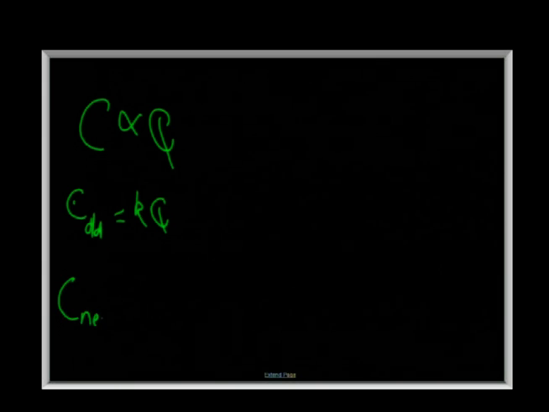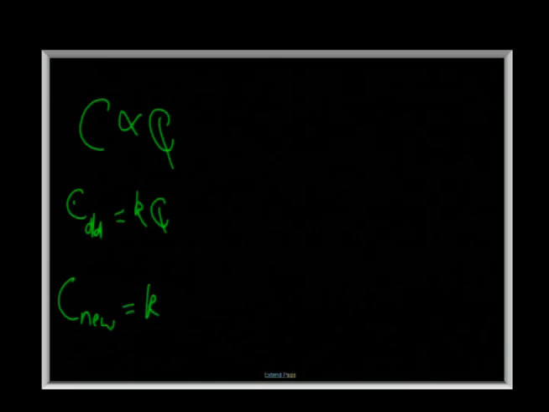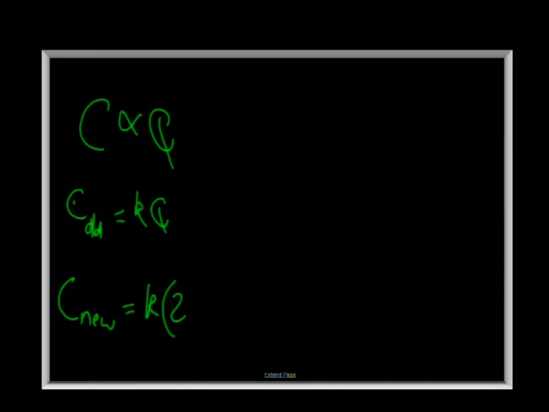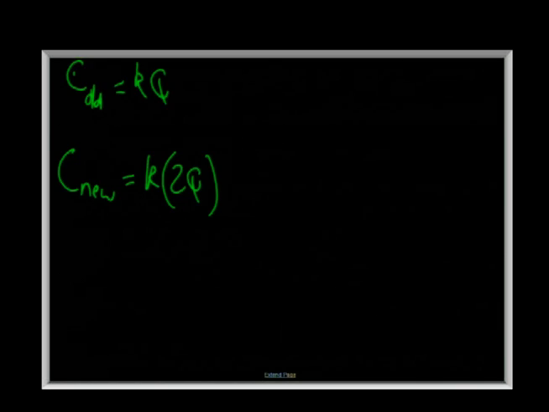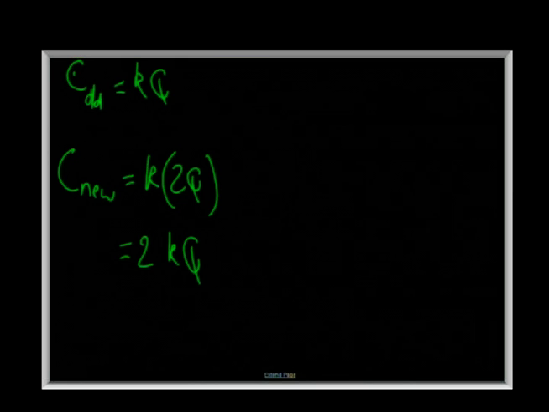And now what's going to be the new C? We say new is going to be K. The constant's not going to change. The potential difference is not going to change. The new Q is 2Q. Okay? And now we substitute in and we expand and we can just rearrange that and that becomes 2K times Q. But look, what was KQ?